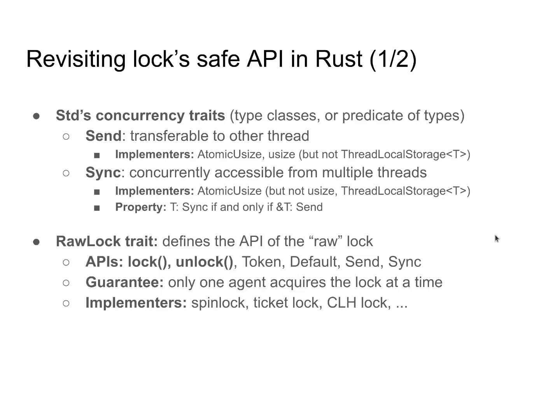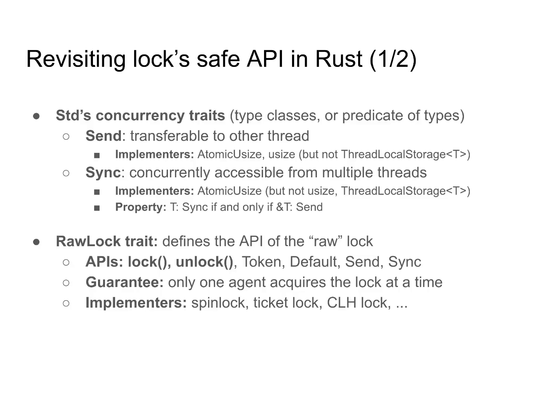To initialize the lock, you need to implement the Default trait, which means that you can just create a new default value of RawLock. Please see the documentation of the Default trait that is defined in the standard library. The trait means that you can create a default value of the type any time.